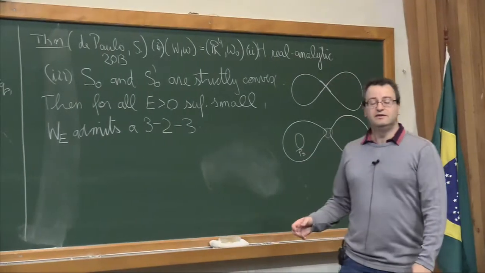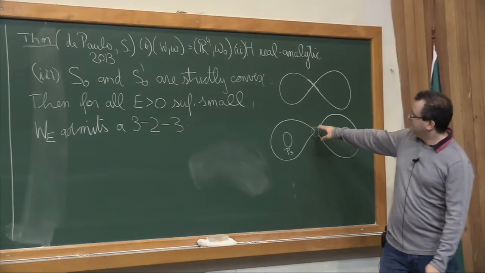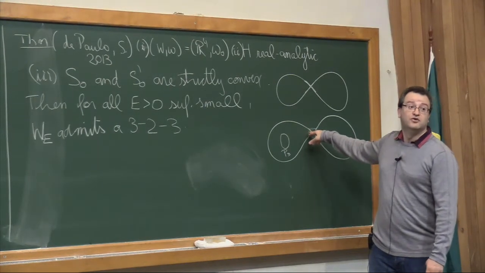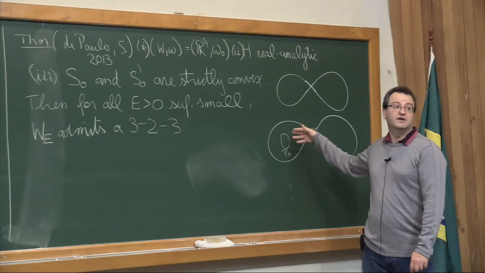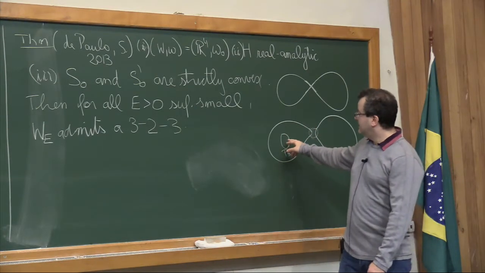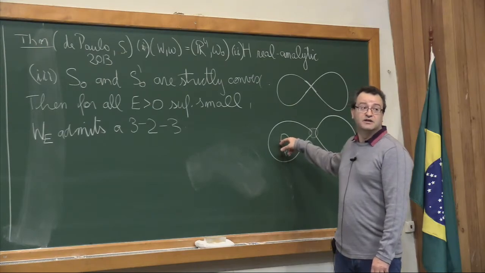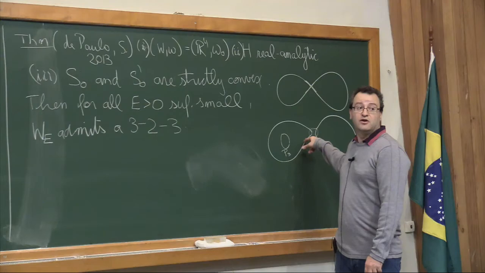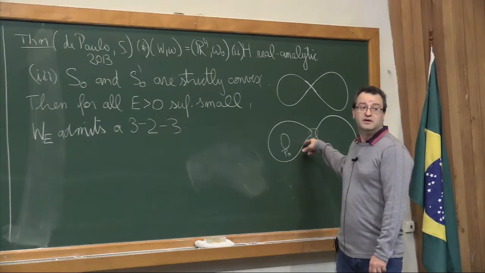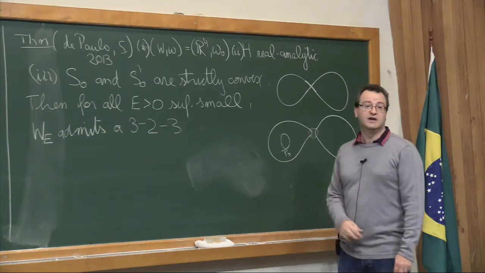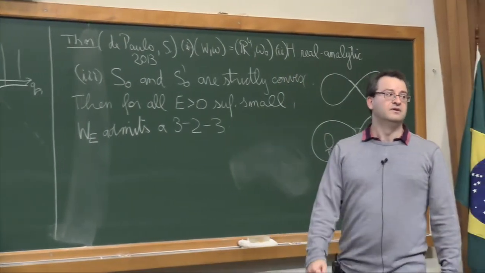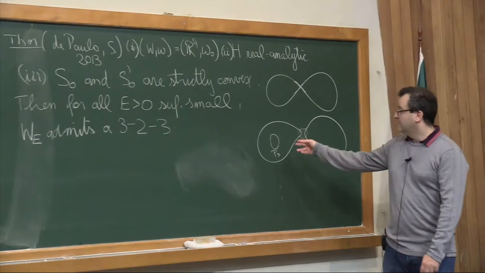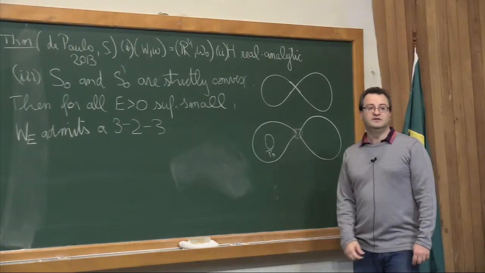But the problem is that we made some surgery here, and we don't want this orbit to intersect this region. But since this guy has index 3, and the action here we can control, it's uniformly bounded, it cannot touch this region here, because anything which touches this region has either very high index or very high action. So it must be away from this region here.